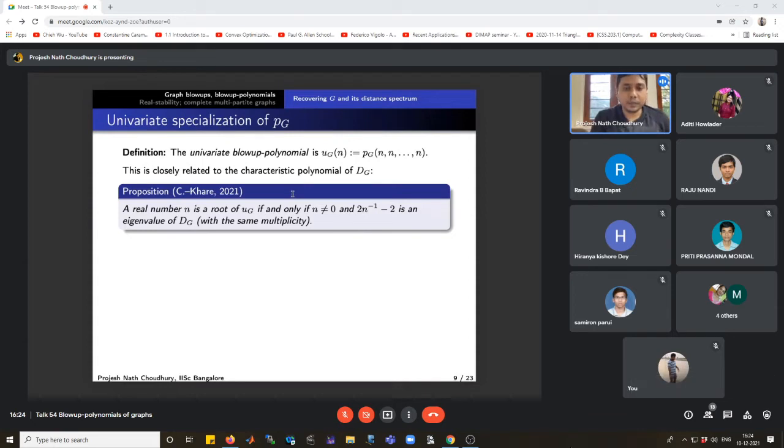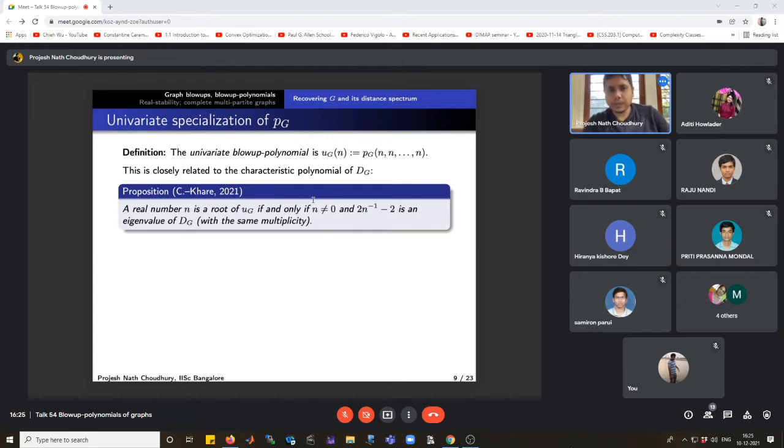A real number n is a root of the univariate polynomial if and only if, first of all, n can never be zero, because zero is never a root of the univariate polynomial, and then n not equal to zero, so we can define this quantity, and this is an eigenvalue of the distance matrix with the same multiplicity. So the univariate specialization of the blow-up polynomial connects to the characteristic polynomial of the distance matrix.